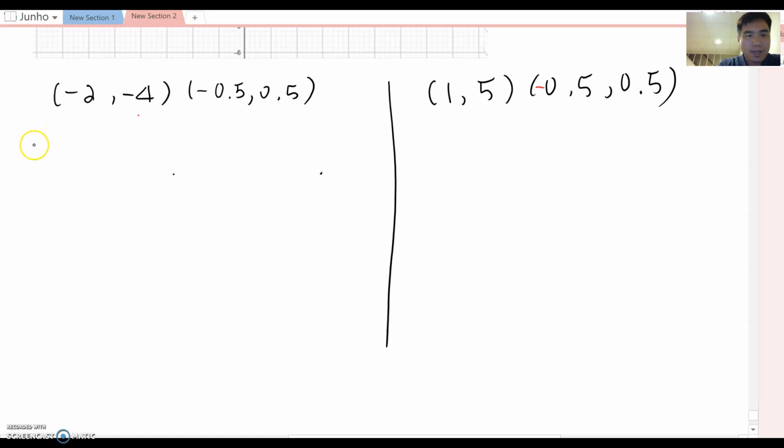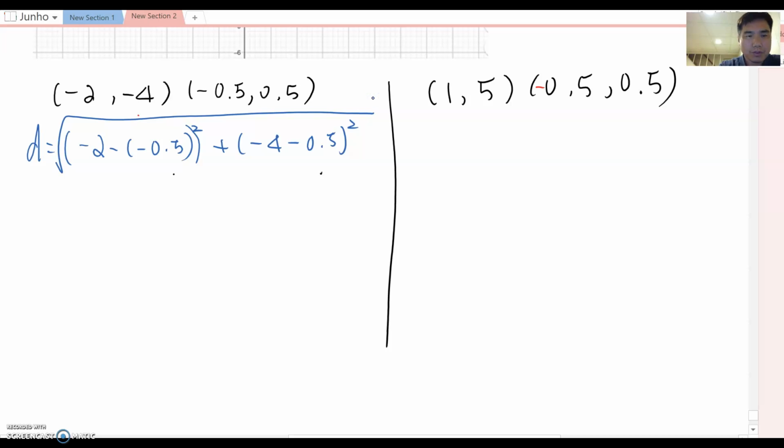So in this case, d equals the square root of negative 2 minus negative 0.5, squared, plus negative 4 minus 0.5, squared. Of course, don't forget the square root.